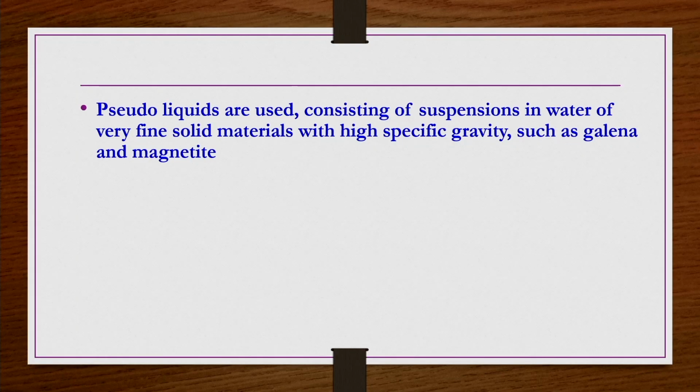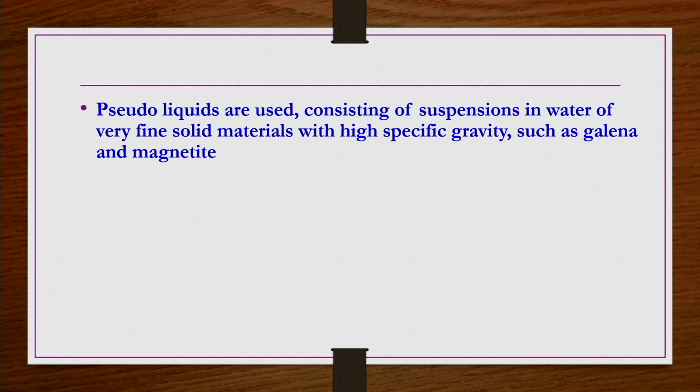So, in order to avoid such problems, people have used pseudo liquids, which consist of a suspension in water of very fine solid materials with high specific gravity, such as galena and magnetite. When such fine particles with high specific gravity are mixed with water, they form a stable suspension.